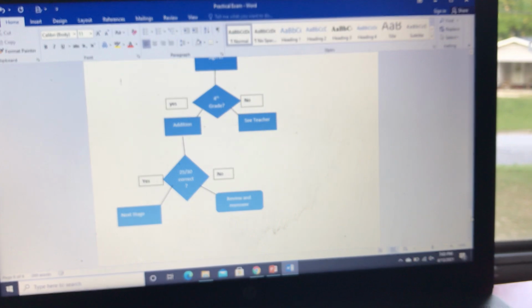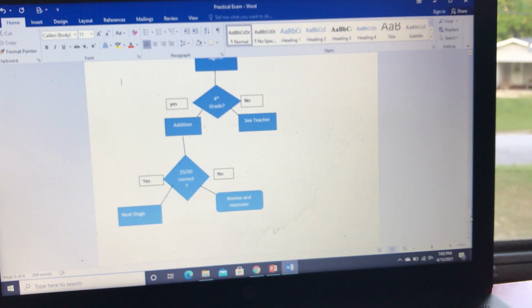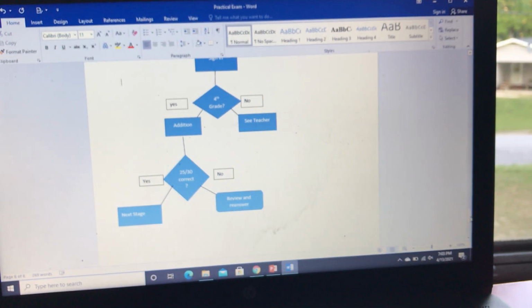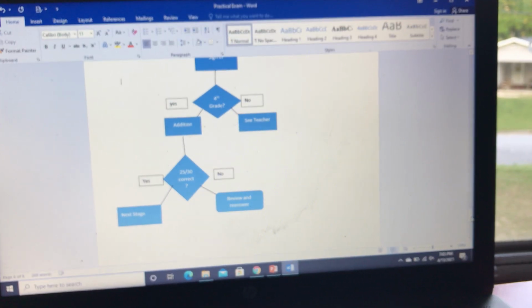First, when you sign in, you will sign into the game, and then it will ask you what grade you are in. It will say 4th grade? Then it will give you the options to click yes or no. If you click no, it will tell you to go see a teacher. If you click yes, it will take you on into the program.